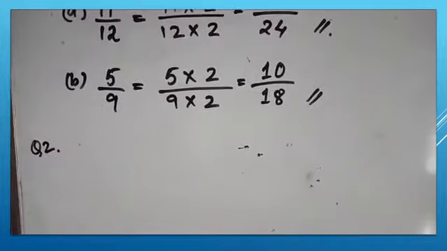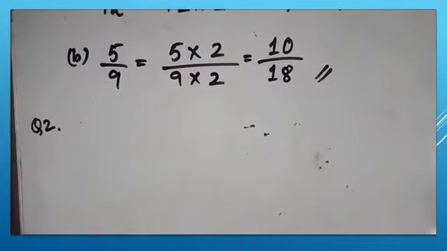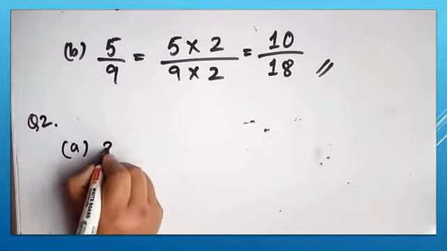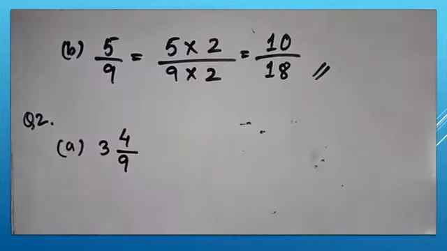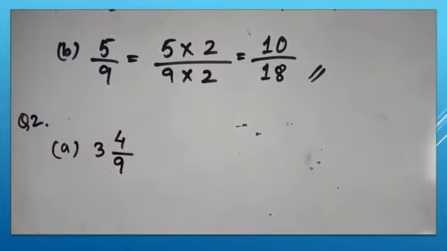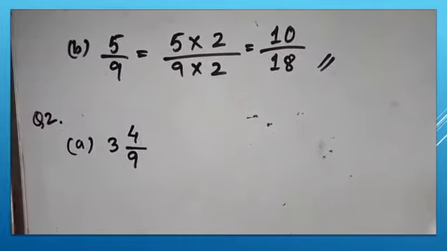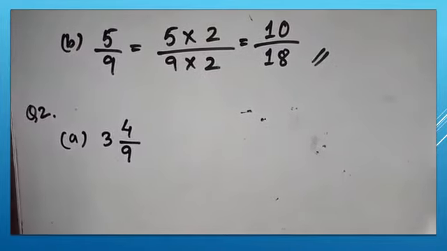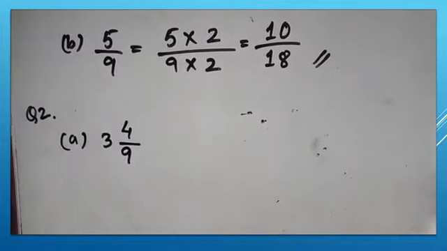Convert each of the following mixed fractions into an improper fraction. So in the question they have given a mixed fraction, so we have to convert it into an improper fraction. Now you know what is an improper fraction. In an improper fraction, the numerator is greater, or the numerator and denominator are equal.